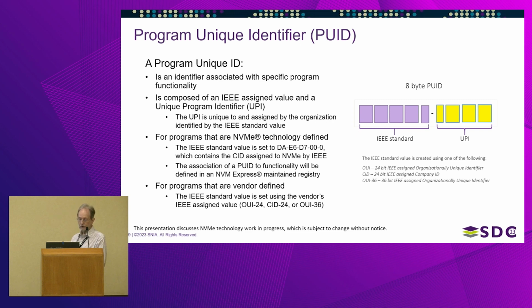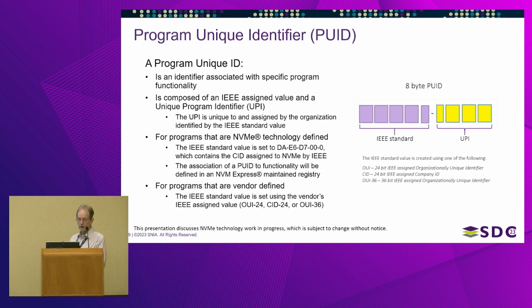This slide we actually didn't update. We had a recommendation from the group that we not use the trailing 4 nibbles of 0, but that we simply set the IEEE value to DA, E6, D7. And so that's the CID assigned to NVMe by IEEE.